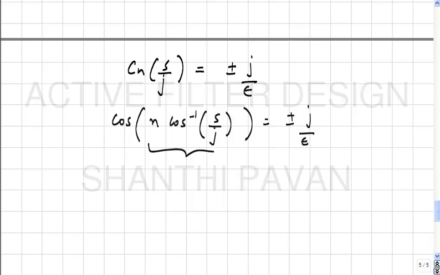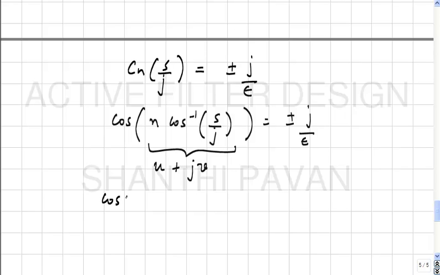We assume in general that this is a complex number u plus jv, where both u and v are real. Cosine of some number is something, and we need to find that number. The right side looks complex, so it's reasonable to assume that the argument is also complex.